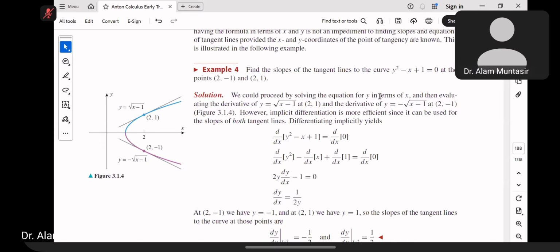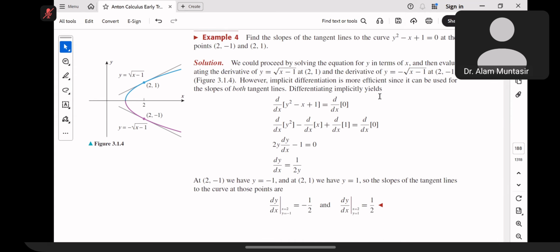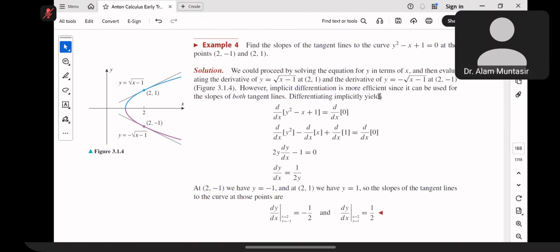That means the thing is very simple. First, get the implicit differentiation and then find the value of the slopes at the two given points. Once you know the slopes and you know the passing points, then you can get the equation of the tangent lines, right?